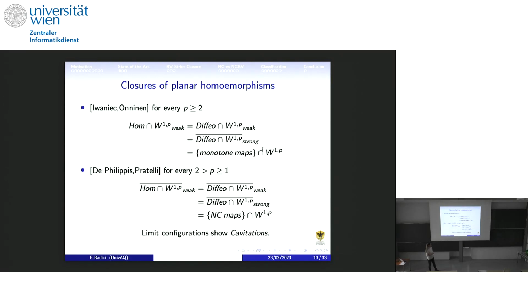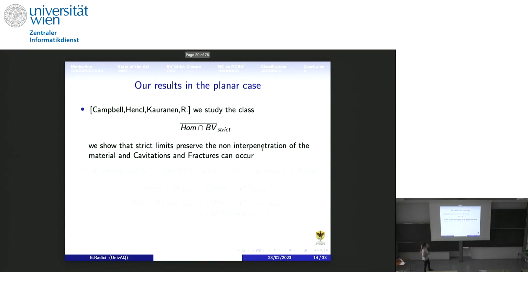They are cavitations, finitely many cavitations, and they can cook up a property that characterizes this limit class, which is called the non-crossing condition, which I will explain better later with some pictures. And what we did was to consider the closures in BV.